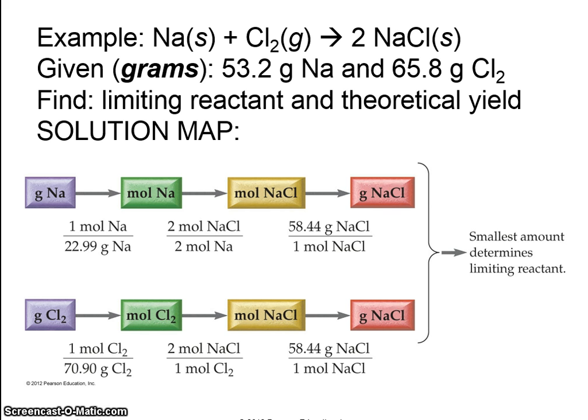So I'll put that to use in what we're about to do, using these masses that we have here of 53.2 grams of sodium and 65.8 grams of chlorine. We do the same thing with chlorine gas, where 1 mole of chlorine gas is 70.9 grams of chlorine. Multiply by the ratio of 1 to 2, and the molecular weight again of the sodium chloride.